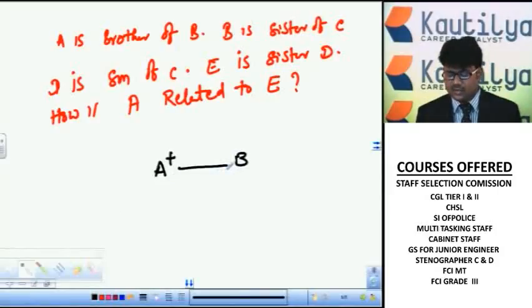Next, B is a sister of C. B is clearly a female person, so we denote it as a minus.